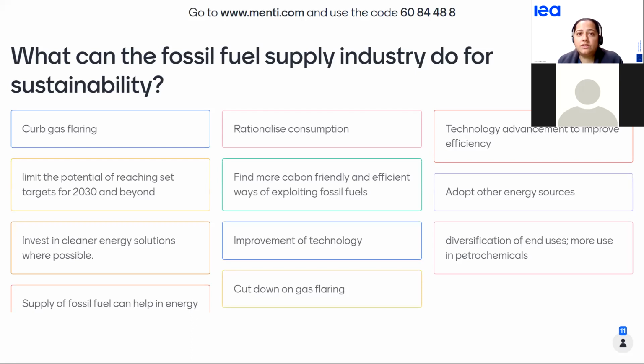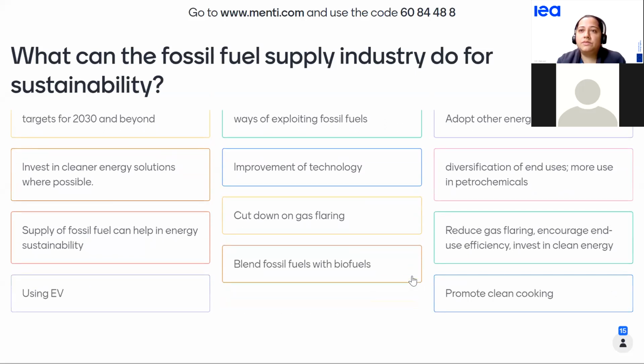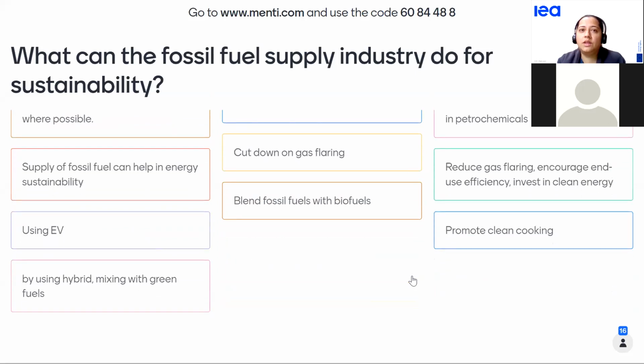Invest in cleaner energy solutions, improvement of technology, diversification of end users, reduce gas flaring, encourage end use efficiency, invest in clean, blend fossil fuels with biofuels, using electric vehicles, promote clean cooking by using hybrid mixing with green fuels, curb gas flaring and technology improvement.